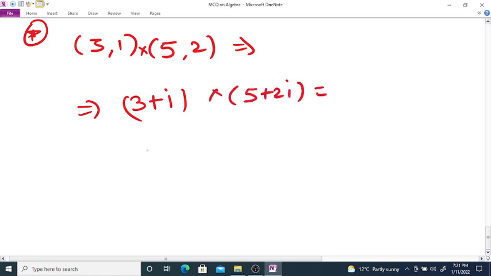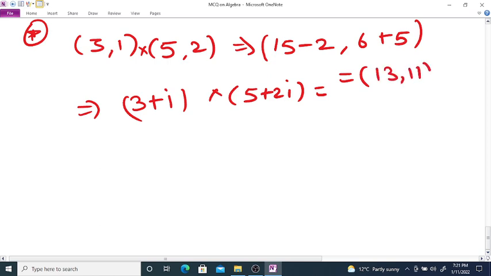So we know that the multiplication of these complex numbers is 15 minus 10 and 6 plus 25, so the multiplication is equal to 13 and 11.